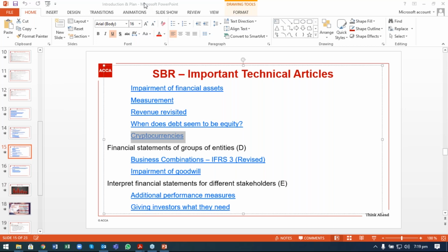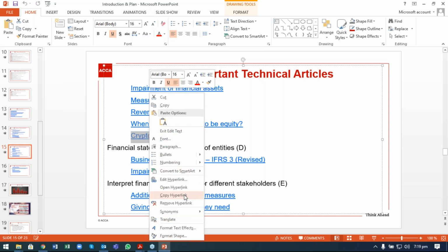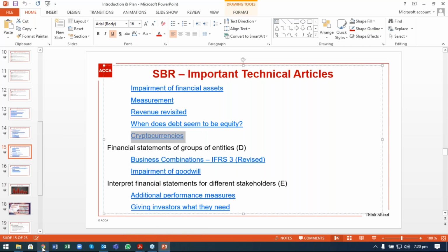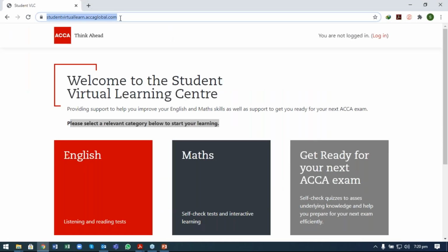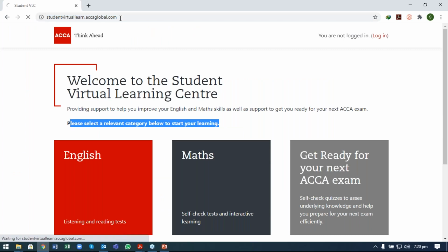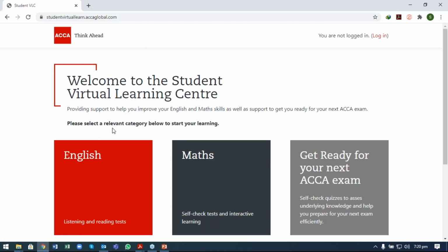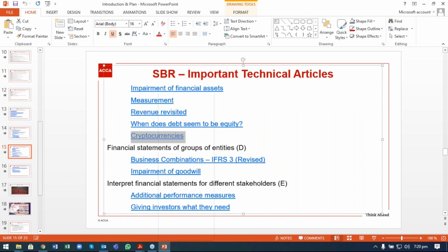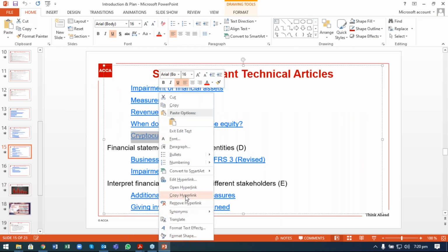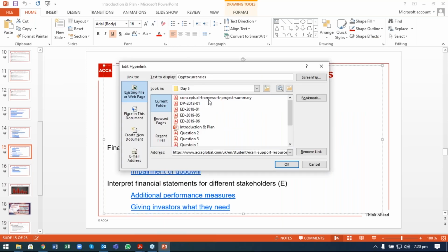If you are looking into the handouts again, these are hyperlinked, by the way. If you find any problem, you can copy the hyperlink. For example, I'm copying cryptocurrencies, moving into the address bar and pasting this link. You can copy this link, or you can edit this hyperlink.